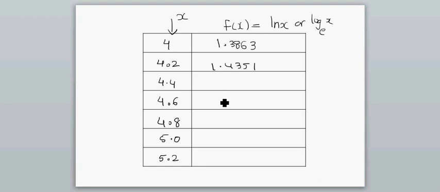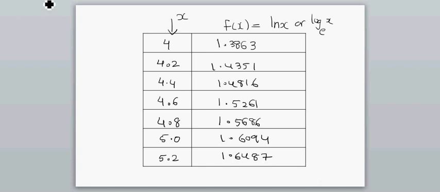The next one, for 4.4, is 1.4816. The next is 1.5261. The next is 1.5686, and the next is 1.6094. The next value is 1.6487.